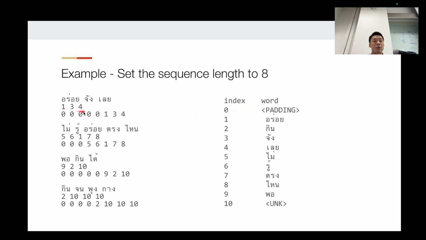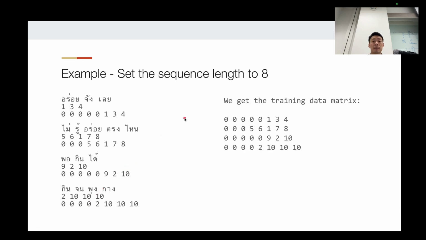So instead of 134, 16178, 56178, we pad it so that it's the same length. Okay. So you add 0 to the front. Then we get a data matrix, because now the number of columns is the same for every row. Now it looks like a matrix because it looks like a full table, okay?